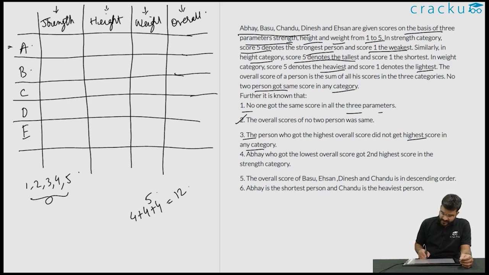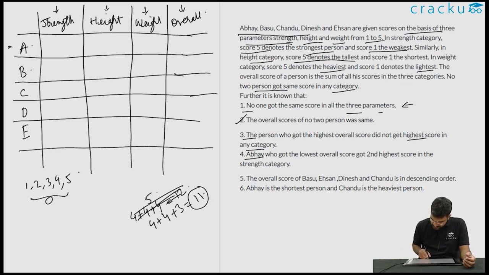But notice that because no person got the same score in all the three parameters, he can't score three 4s. He will have to score 4 plus 4, that is getting two 4s in two categories and 3 in the third category. This is the highest possible score. This is equal to 11. So the highest possible score is 11.